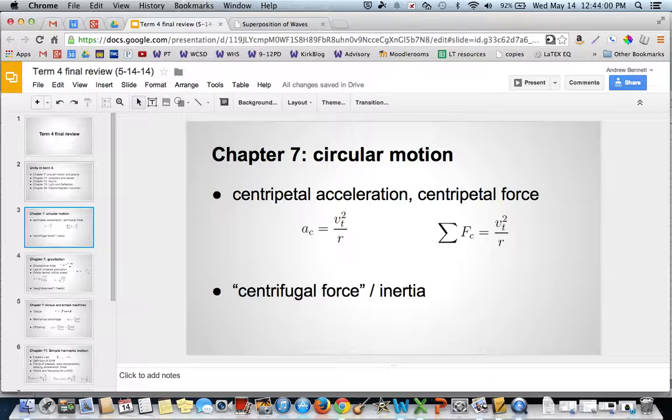It's not centrifugal force flinging you outward, it's your inertia trying to make you go in a straight line. And the force that's acting on you is a force toward the center of the circle from the wall that causes you to go in the circular path, because otherwise you'd go in a straight line path.